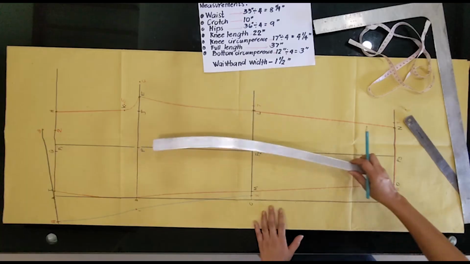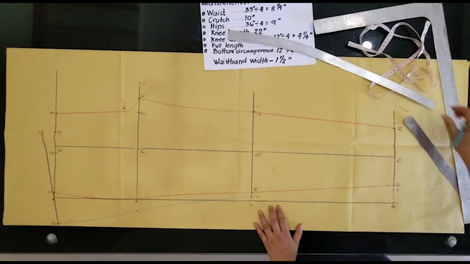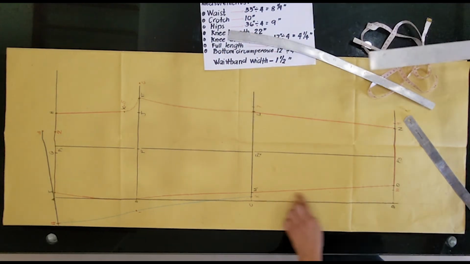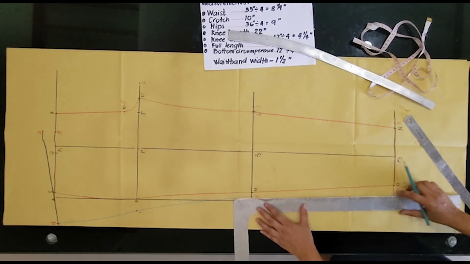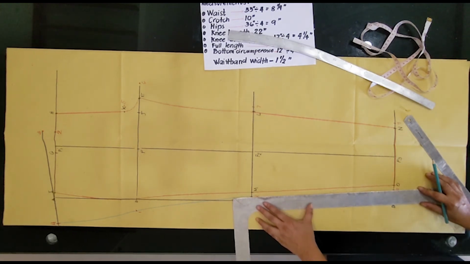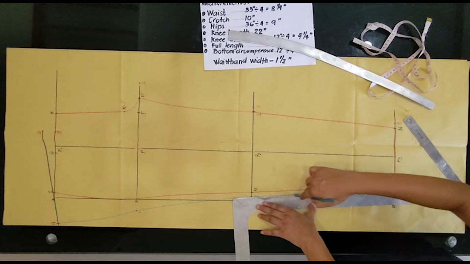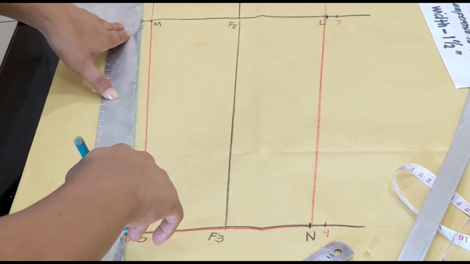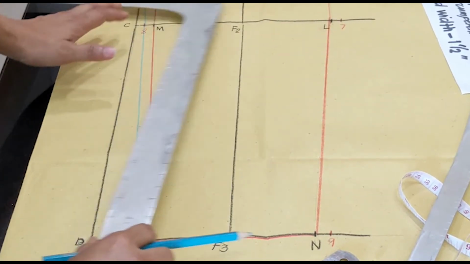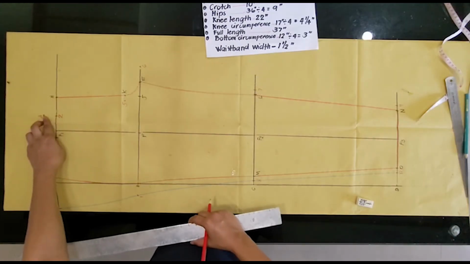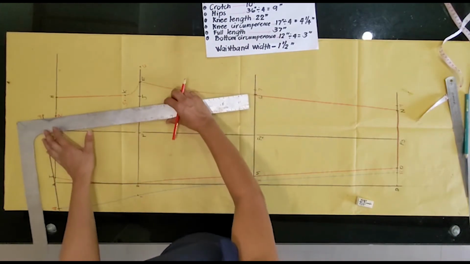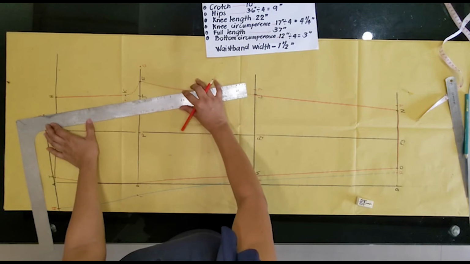So next is point 8 to 10. Straight line, with the use of L square. Okay, so next, from 3 to 5 we have to connect with a straight line or L square.